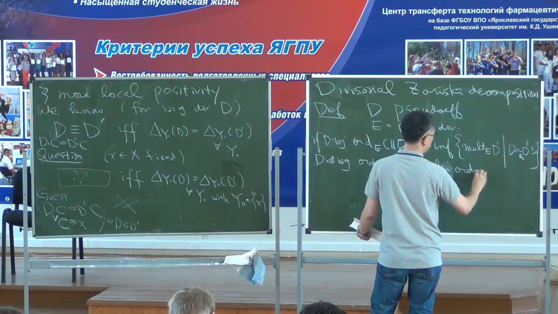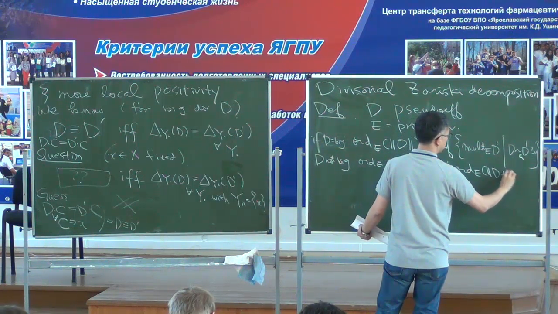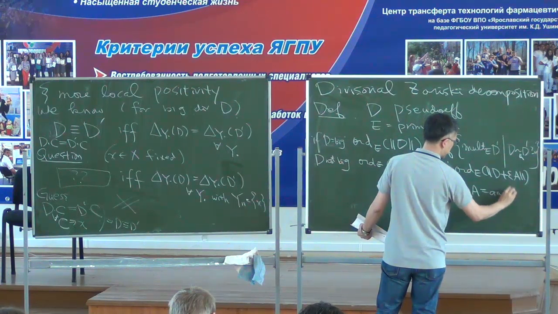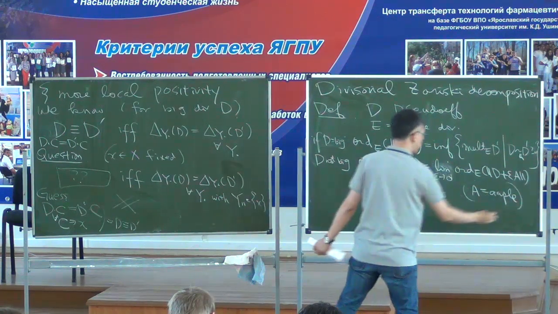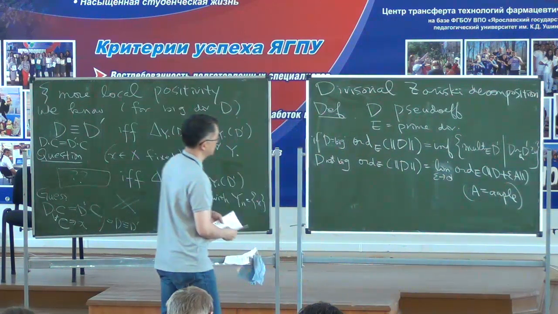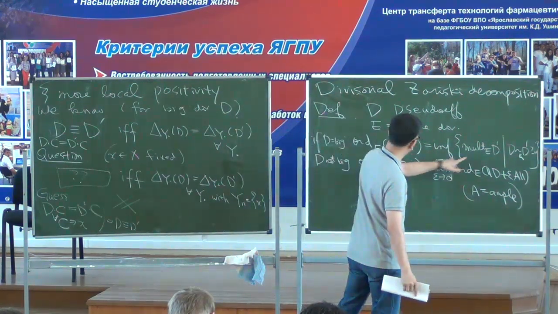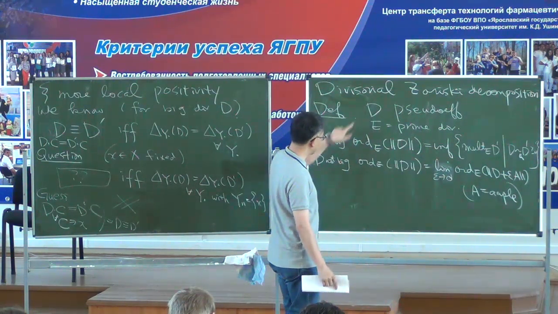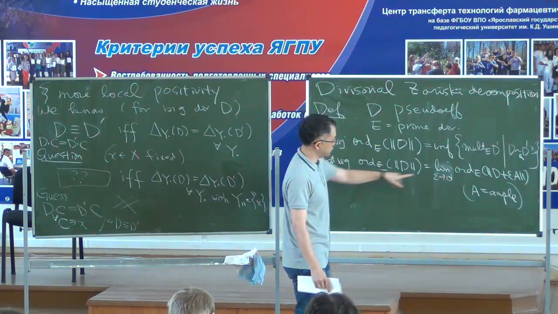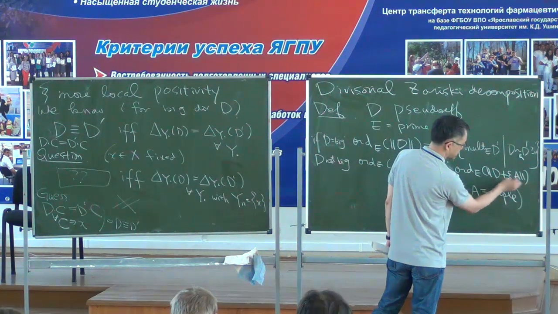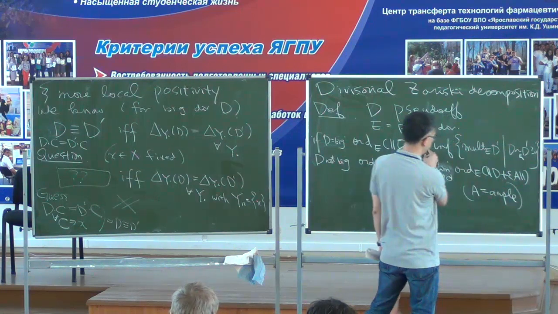Order of E, D plus epsilon A is M. Okay. So if D is big, then you use this infimum. But if D is not big and only pseudo-effective, you use this limit. Because pseudo-effective plus ample is always big. So you use this definition.